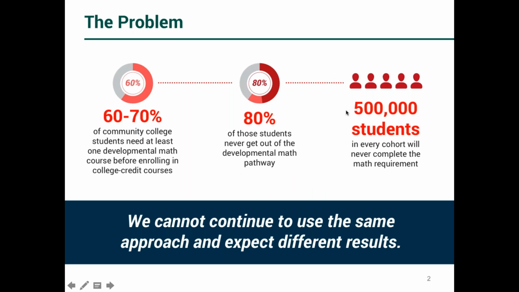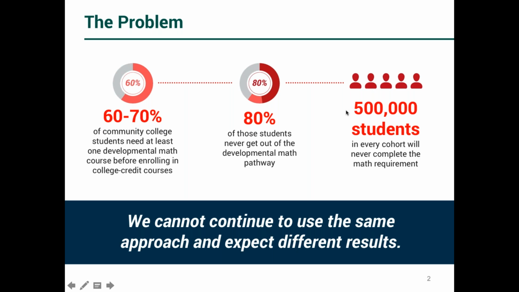Here we go. Okay. So really quickly, the larger context of the work that we've done in the Carnegie Math Pathways is to address what we consider, and I know all of you understand, to be a major national problem. And that has to do with the extremely poor achievement outcomes and learning outcomes of students, in particular those who place into developmental mathematics.